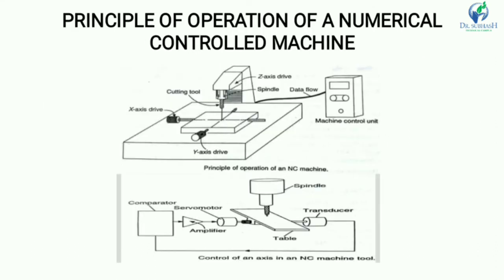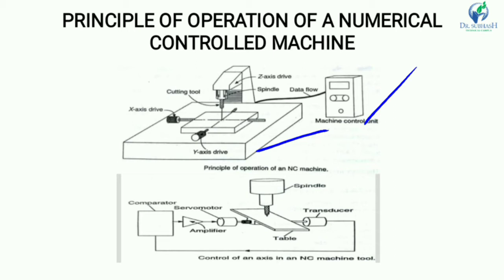Now, the principle of operation of a numerical control machine. You can see here the principle of the numerical control machine. This is the machine control unit, from where the machine will be controlled.